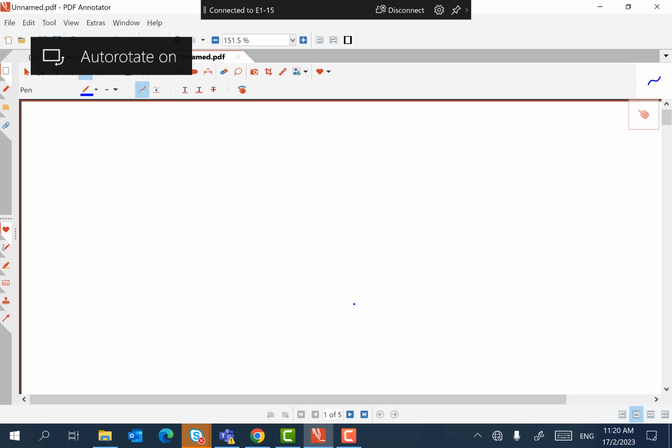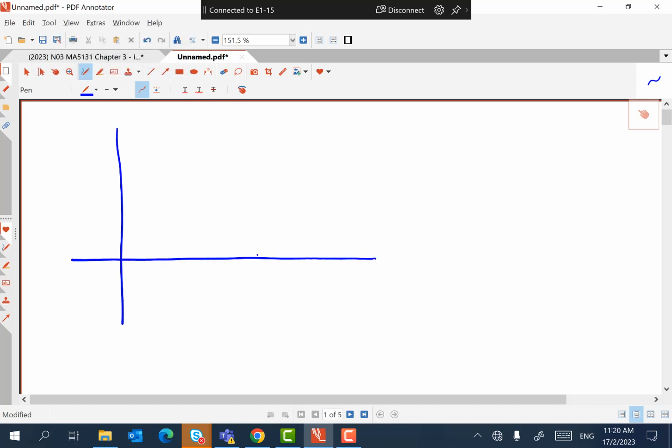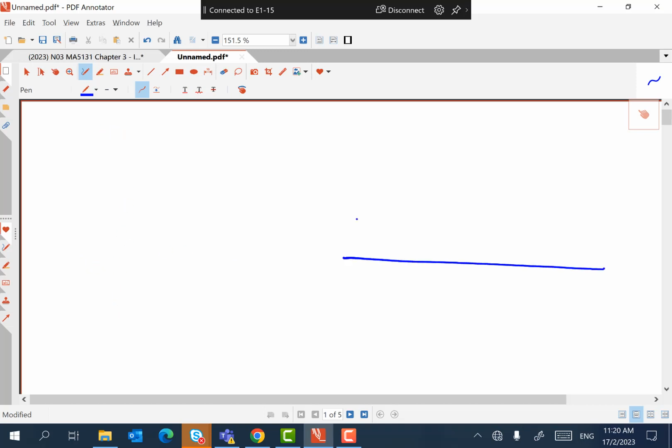I'm going to start off by drawing you a graph. This graph is actually continuous over the interval from a to b.